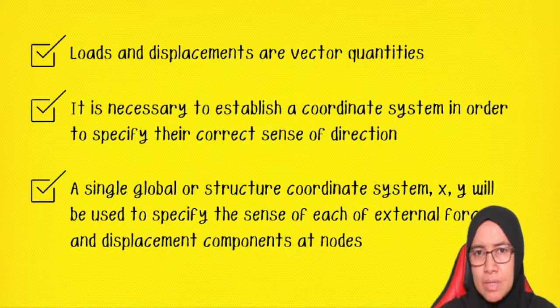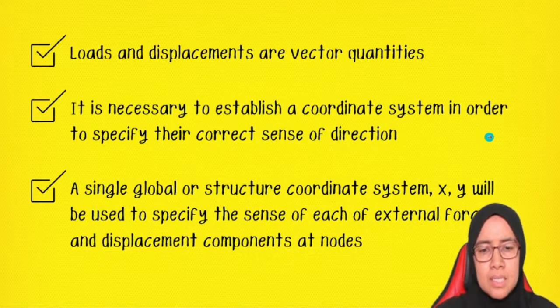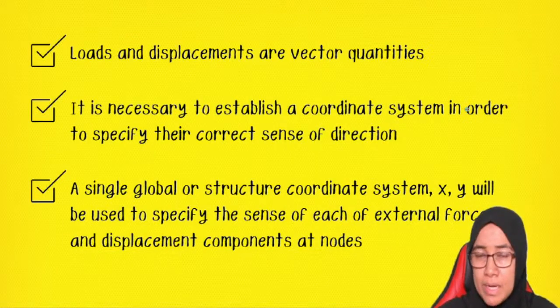It is necessary to establish a coordinate system in order to specify their correct sense of direction. A single global or structure coordinate system XY will be used to specify the sense of each of the external forces and displacement components at node. So this is just to explain about the coordinate system.